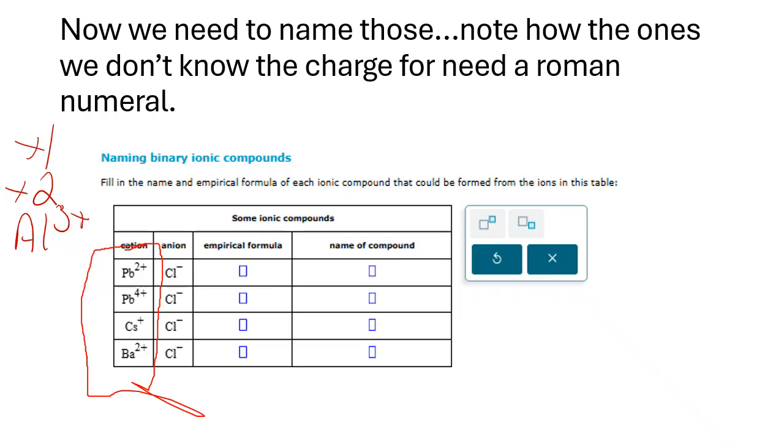They're also not silver or zinc. Then you have to use a Roman numeral. So these will be good practice. Like the first two, you're going to have to use a Roman numeral, but the second two, you do not.